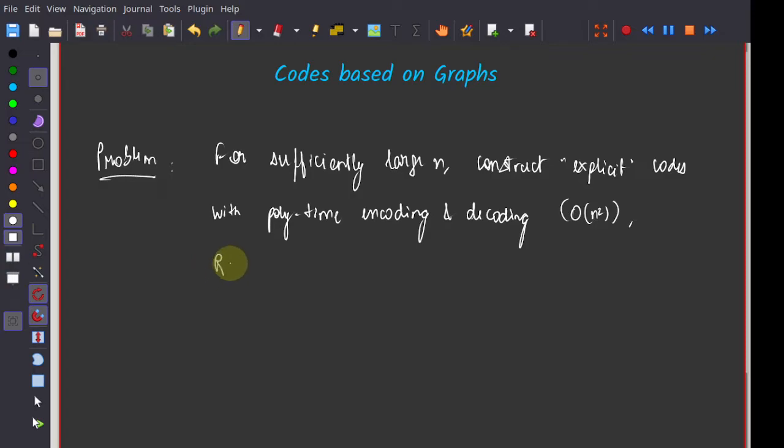We want the rate equal to, let's say, capacity minus some epsilon. So there's a target rate which is very close to capacity, and the probability of error should be less than or equal to whatever target probability of error you fix, maybe 10 to the minus 5.